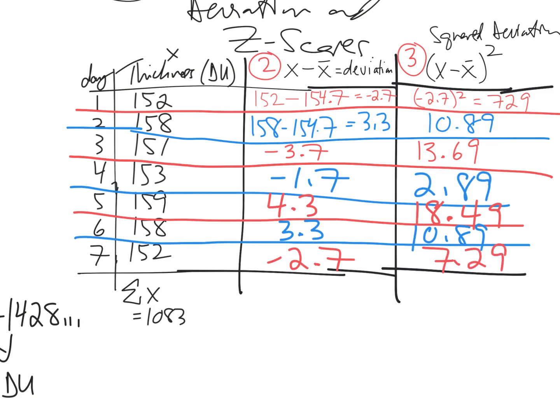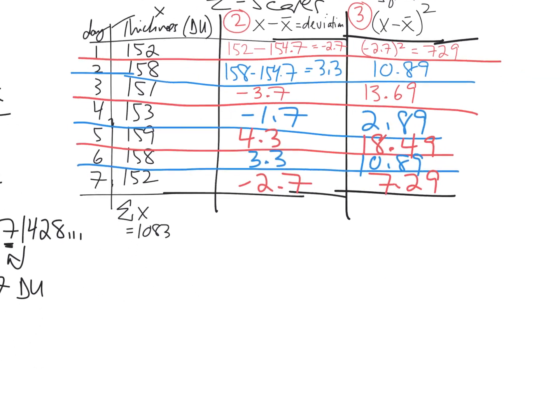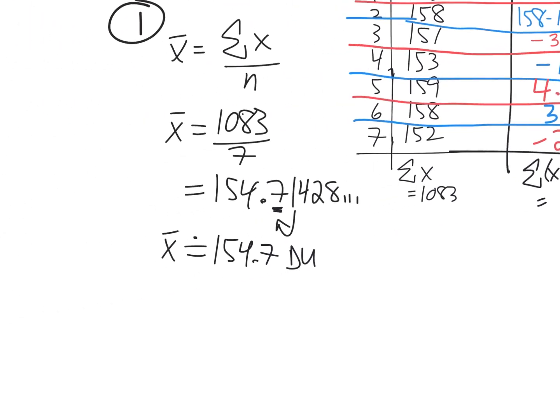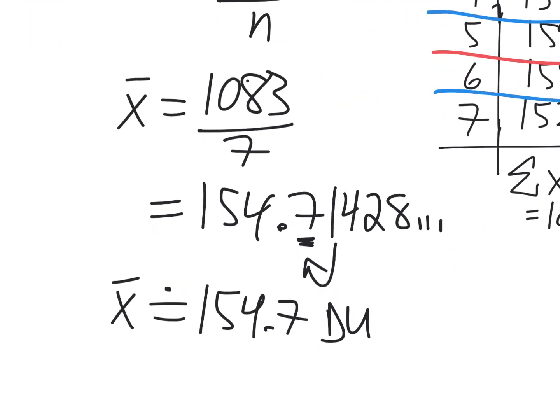And at this point, a nice thing to do is check the sum of your deviations. Typically, this is a good indicator of whether your calculation for the mean is true, because the mean is the average of all the values. We've taken the sum of all the values and distributed them evenly across 7 values, which leads us to a mean of 154.7.